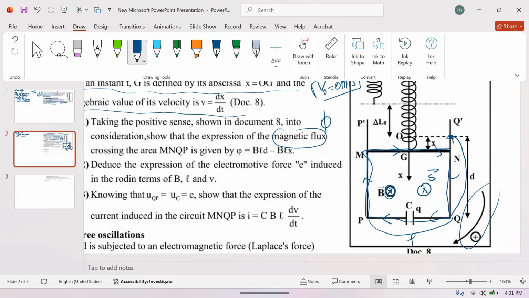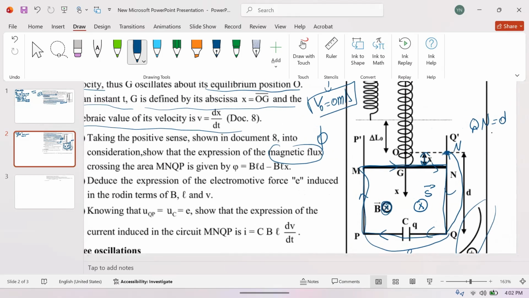N at the beginning was here, just where I wrote N. And after a while, this width of the rectangle is decreasing. So it was D at the beginning, and it's getting smaller and smaller by a value called X. So the length of QN was D at the beginning, and it's getting reduced by a small amount called X when we pull MN downwards.